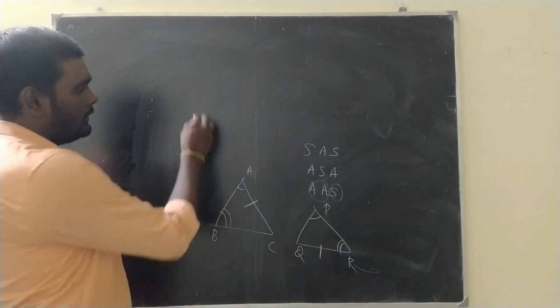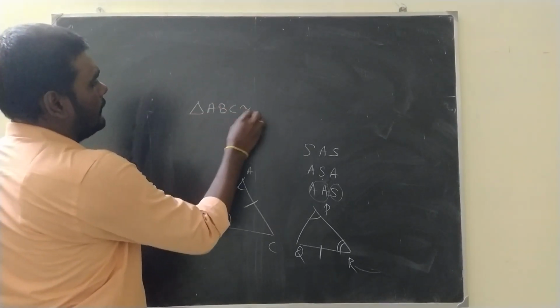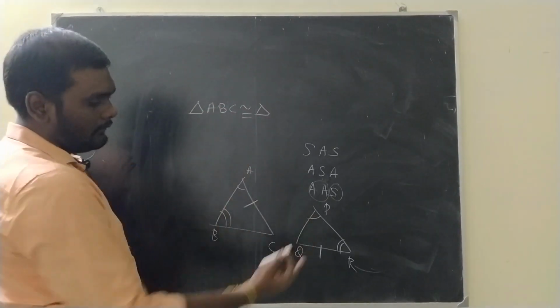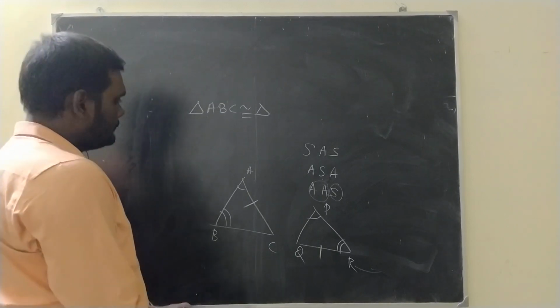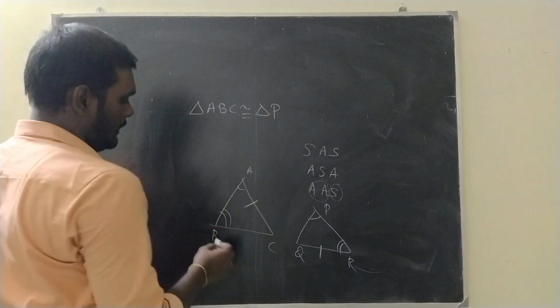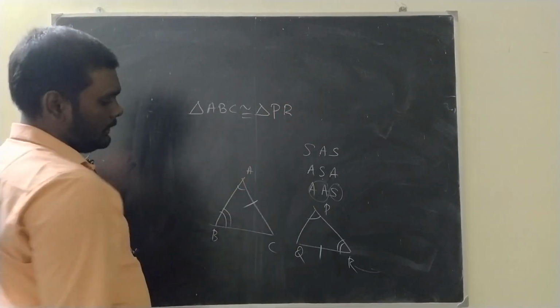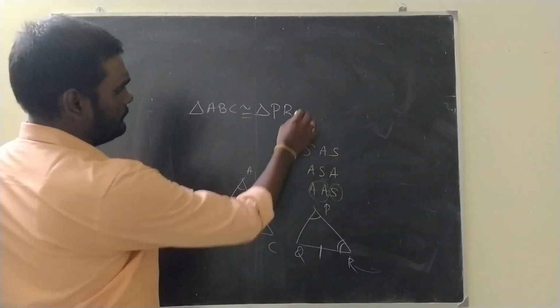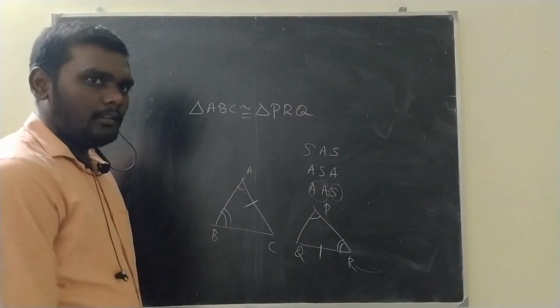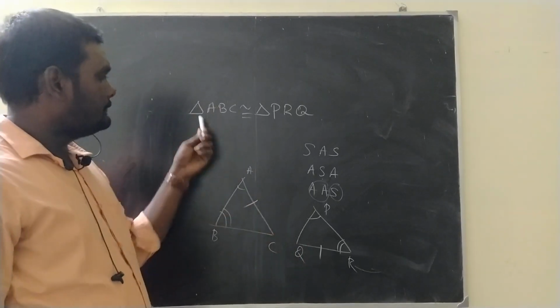You are saying it is congruent, then you can say triangle ABC is congruent to triangle, A is equal to P, B is equal to R, and then the remaining one is Q. Now, is AC coming equal to QR?